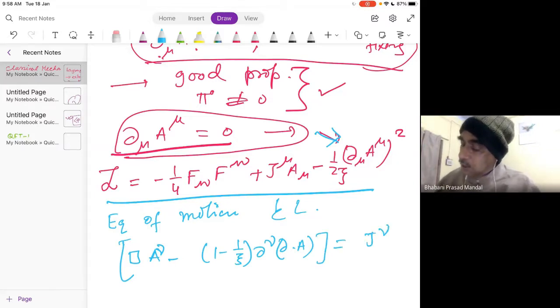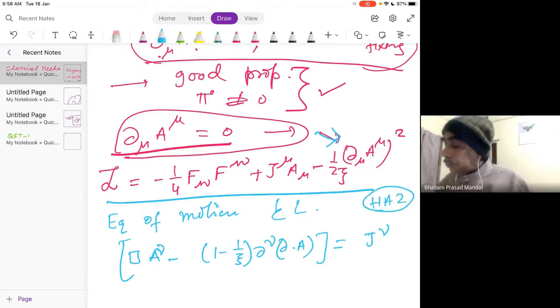So please find this equation, your home assignment 2. If this is the Lagrangian, find that this is the equation of motion.